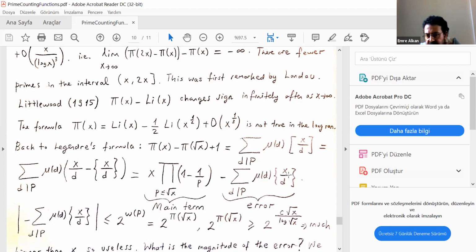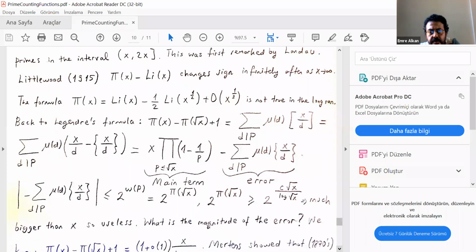So the error we can, maybe carelessly, just estimate. So let's estimate the error. Of course, then you can replace these by 1, and then it's just the number of divisors of P.